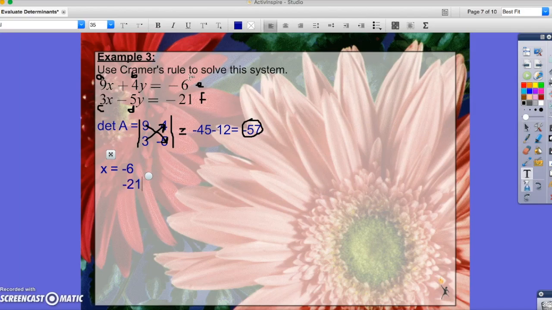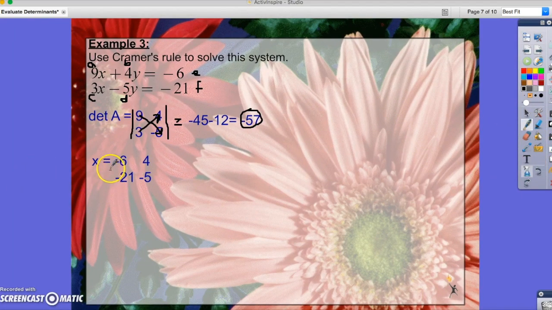And then I do B, D as well, 4, -5. And that's all going to be over determinant A. So I put my lines here.